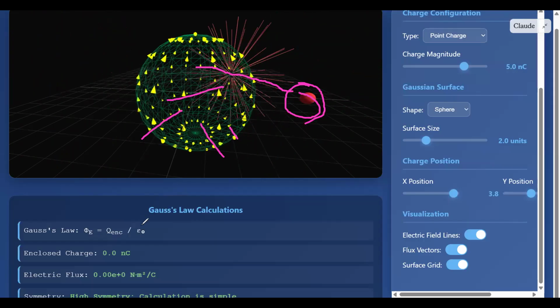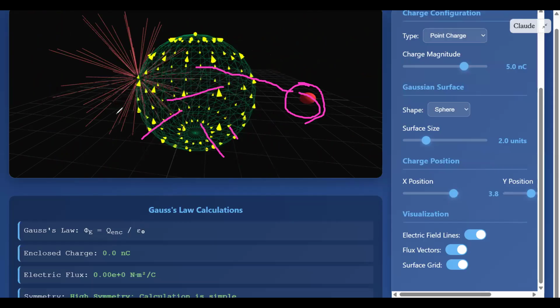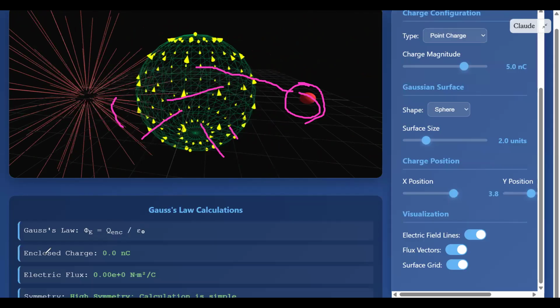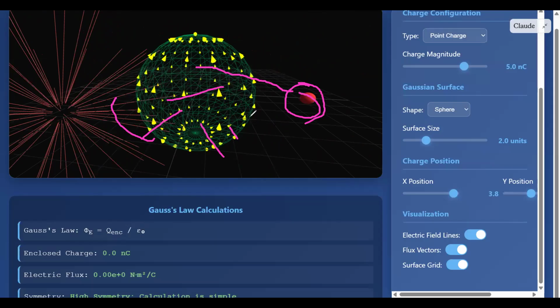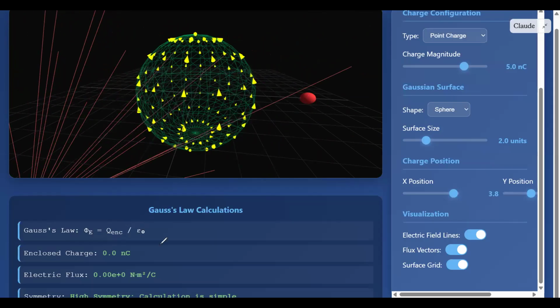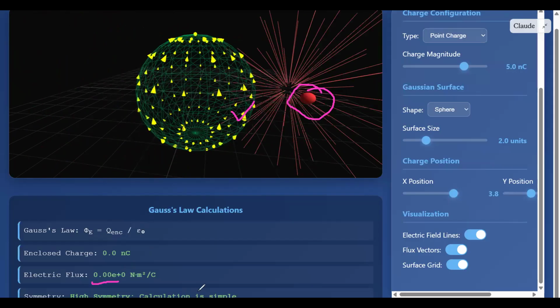That's why we see the electric lines around that circle. The charge is outside the sphere, so there is no electric flux.